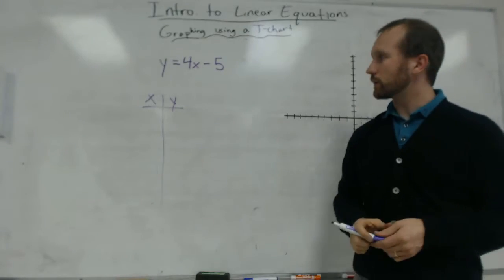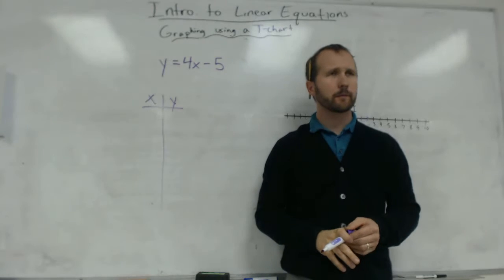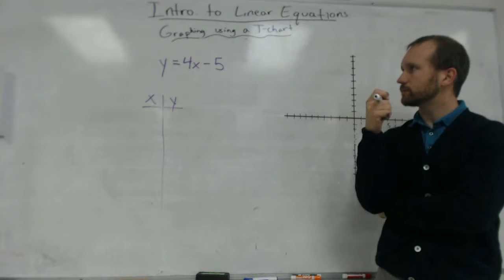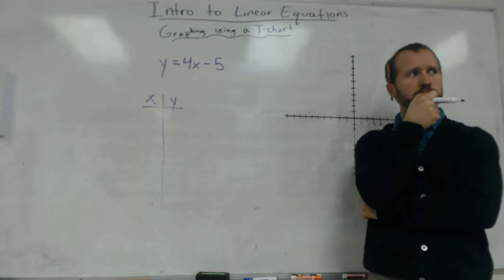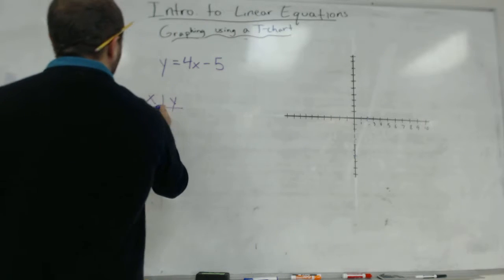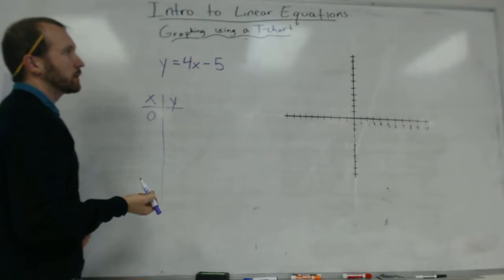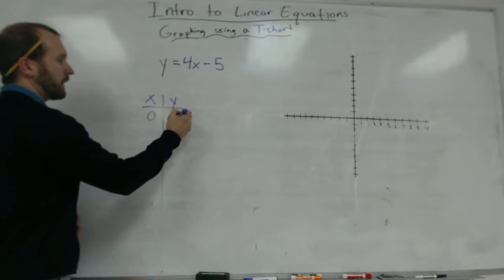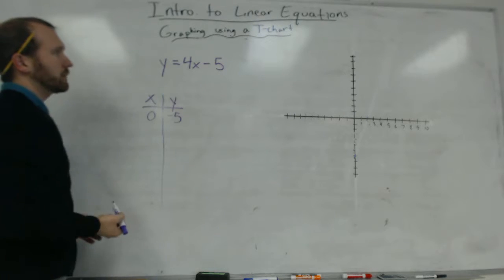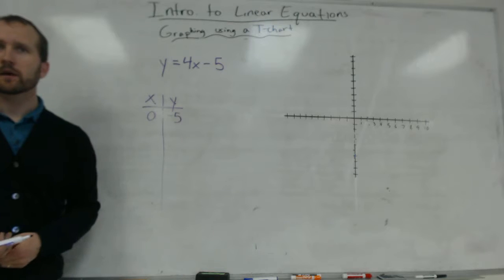Okay, what might I do here? What could I do here? Okay, let's say, what if x is 0? What would y be when x is 0? Negative 5. 4 times 0 is 0, minus 5 is negative 5. Okay? Is that enough?